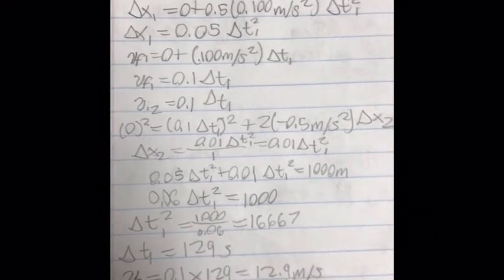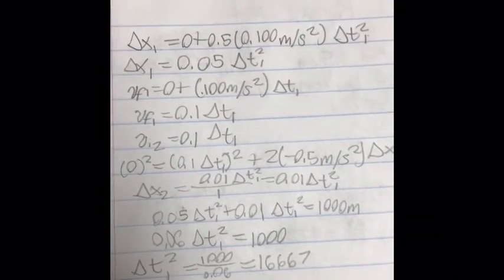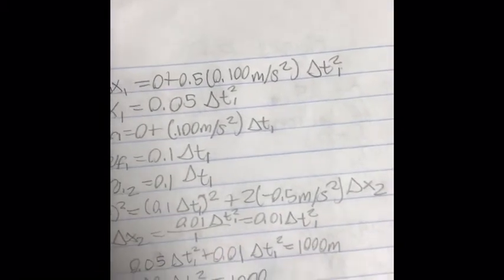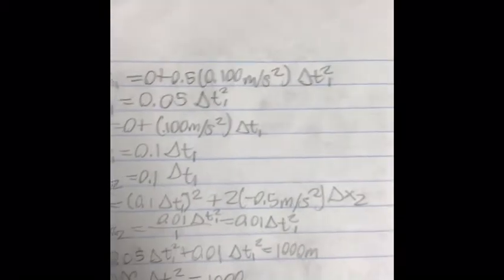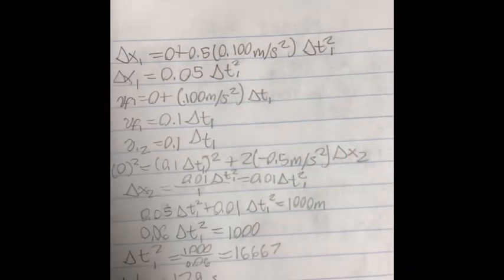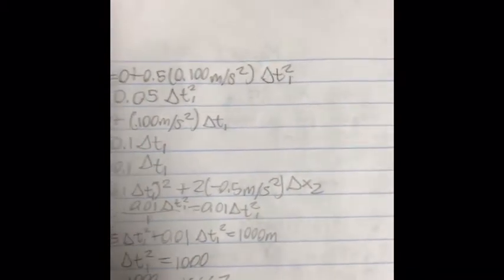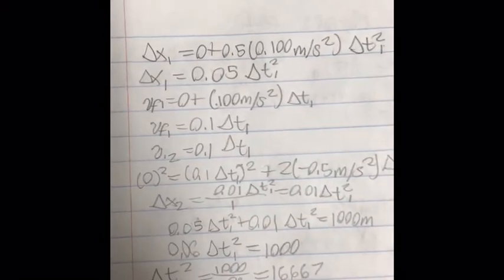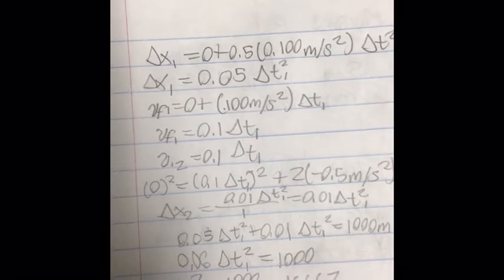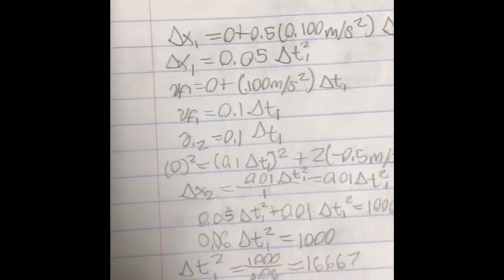I got 0 for the first part of it, and then 0.5 times 0.1, which is what we used for the first acceleration, times change in t1 squared, and then you multiply that and you get 0.05 change in t squared.